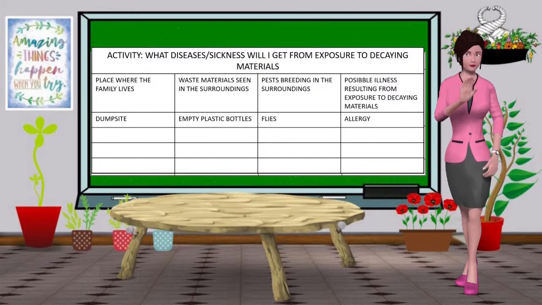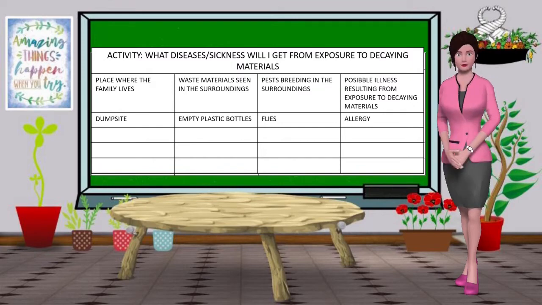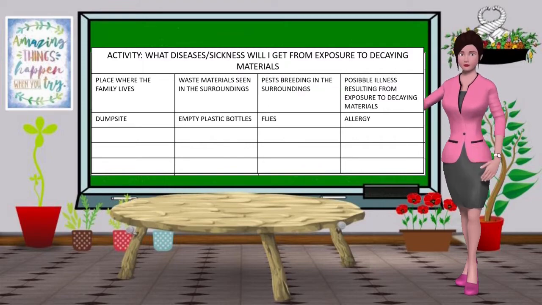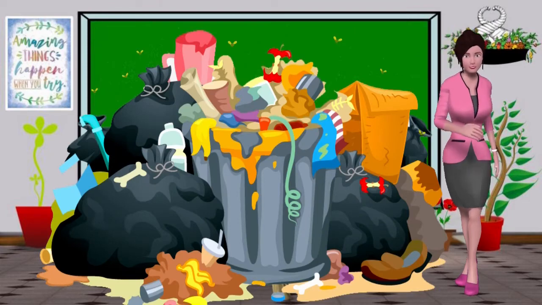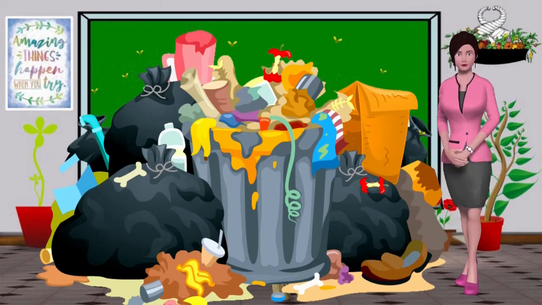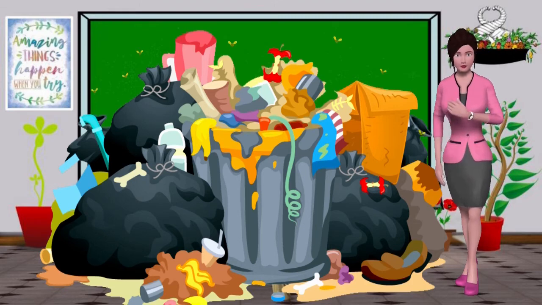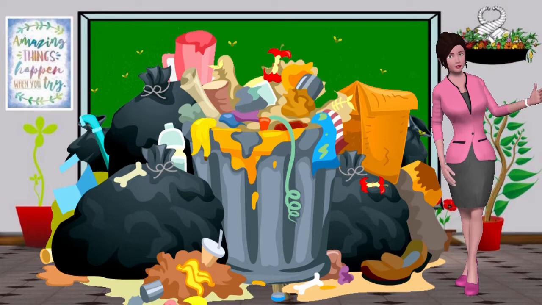Now kids, tell me, what kind of materials are found in the dump sites? Canal or estero? Yes, we see garbage materials such as plastic, animal waste, and so on. Can you describe the surroundings in each picture?